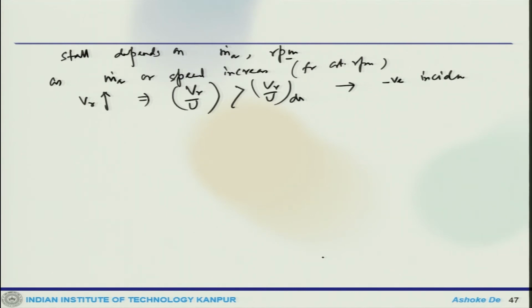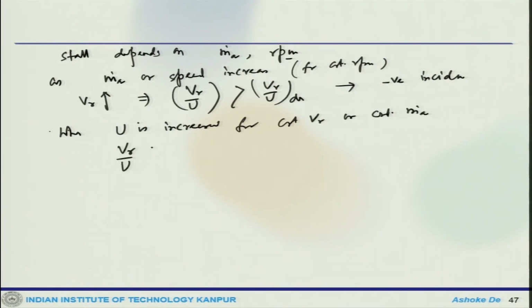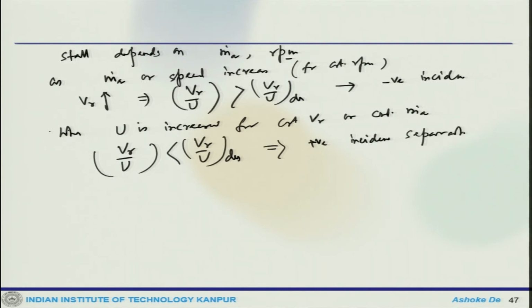Okay. Now, when u is increased for constant VR or constant m dot A, VR by u would be less than VR by u design. So, that is a positive incidence flow separation. Okay.